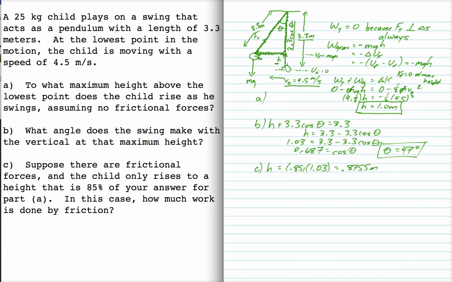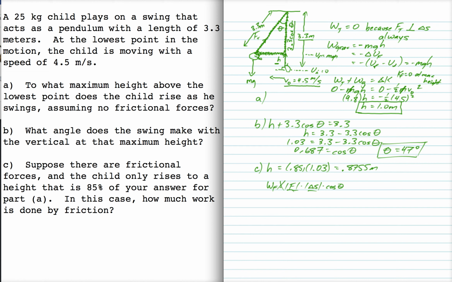Well, remember there are three ways to calculate work. We have the work done by a force is equal to the magnitude of the force times the magnitude of the displacement times cosine theta. I can't use that here because we have no idea what the frictional force is. We don't know what the displacement is either, to be honest. So that's completely out.